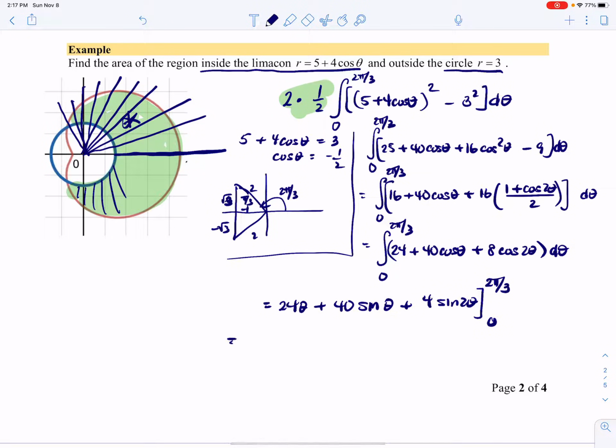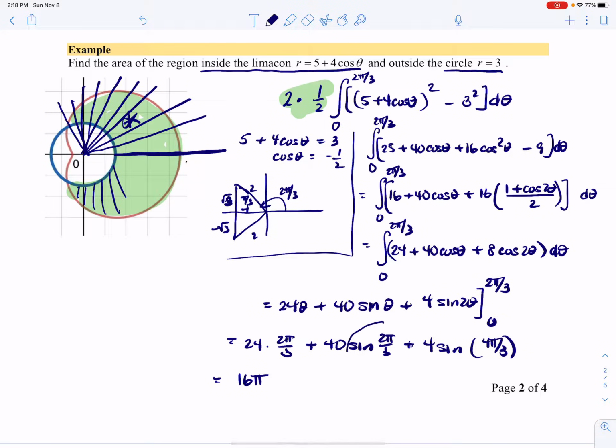So here we go. So we have 24 times 2 pi over 3 plus 40 sine of 2 pi over 3 plus 4 sine of 4 pi over 3. And then we plug in 0, we're going to get zeros across the board there. So 24 times 2 pi over 3 looks like it's 16 pi.